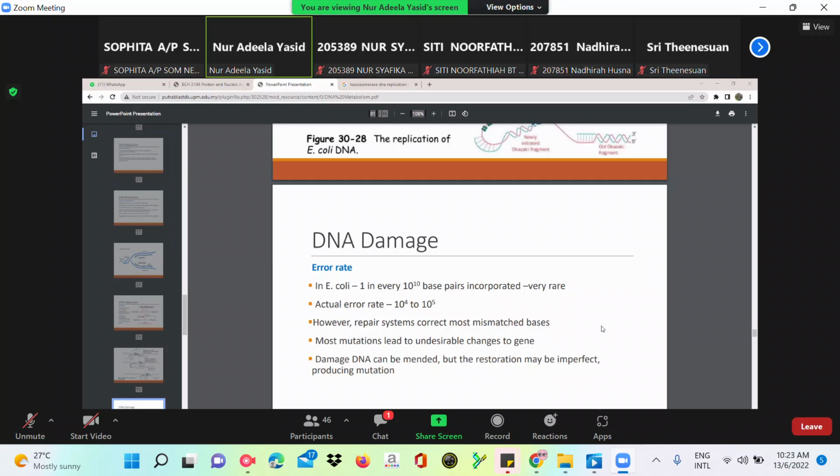One very popular DNA polymerase in the past is known as Taq polymerase.